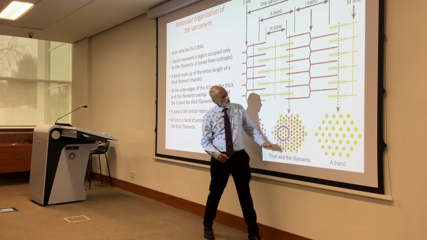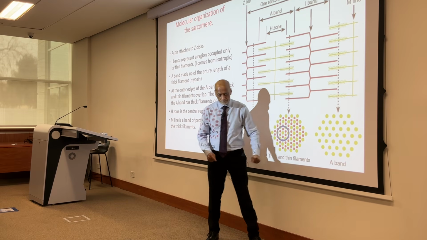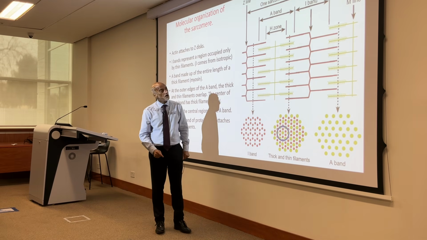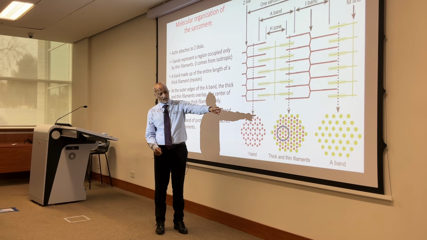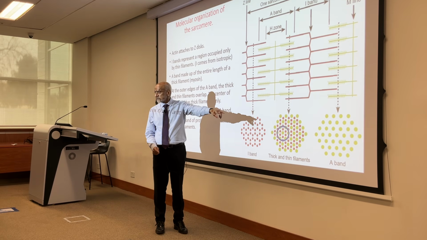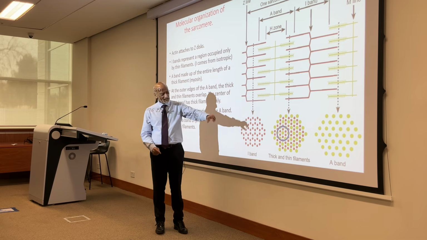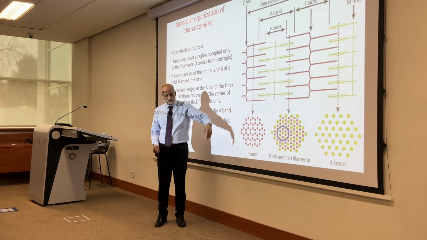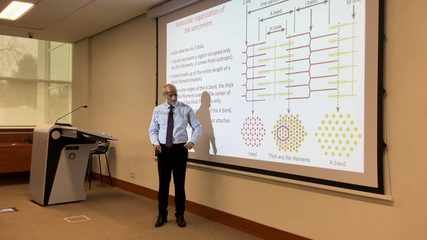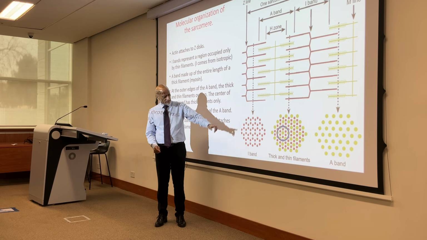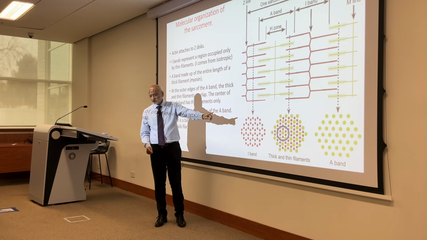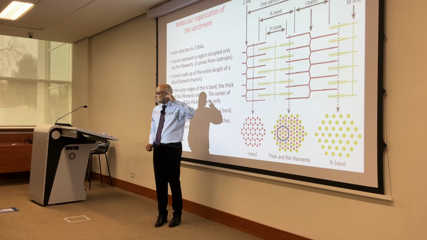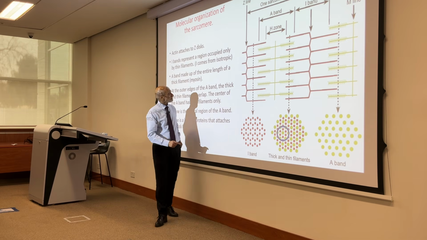If you are looking at only the actin, obviously there are no myosins there. There's the actin and there's the myosin on the other side, the A band and the I band. I want you to keep this in mind, because when I come to it later on, I'll tell you why I emphasize this particular thing.